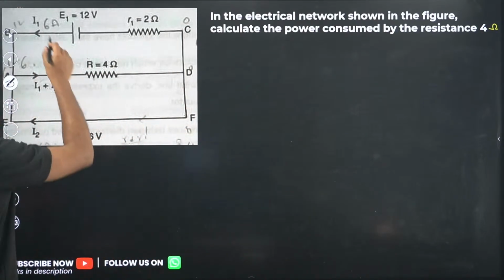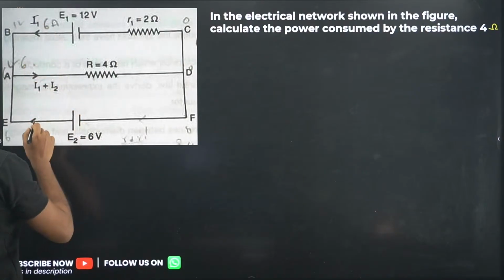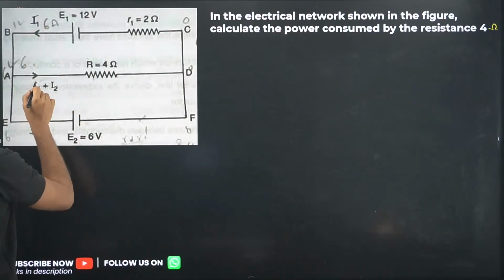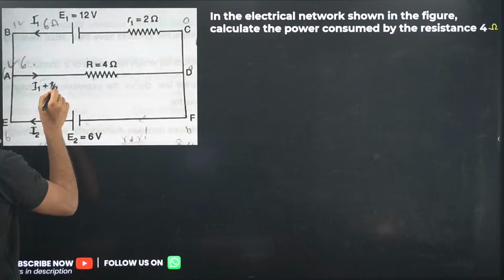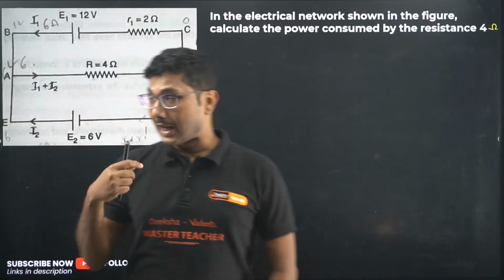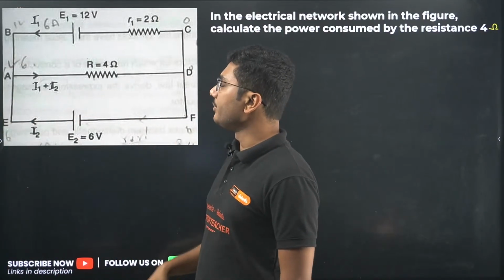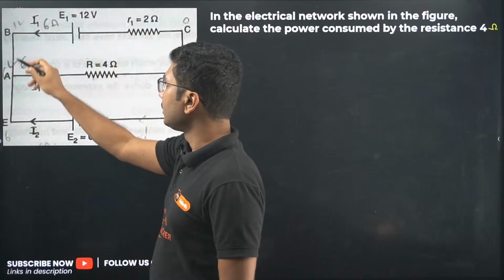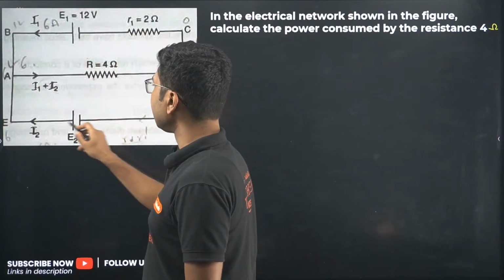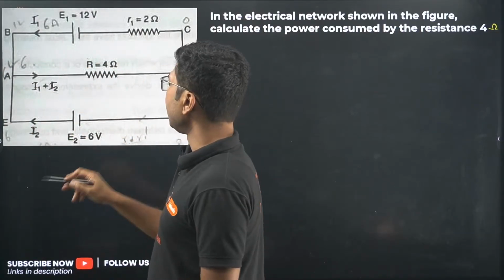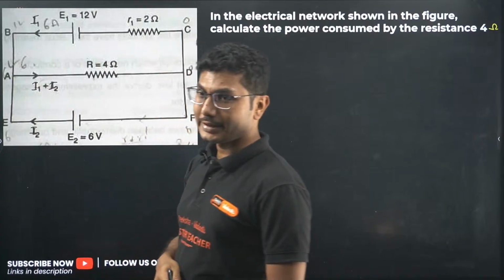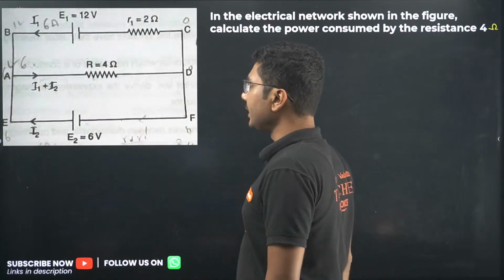So what is the method? I1 is given over here, I2 is given over here, and as you can see, I1 plus I2 is given over here as well. So like the previous problem, everything will be the same. You will take this loop once and you will take this loop once. But in this case there is no internal resistance, that means I2 can be calculated easily.